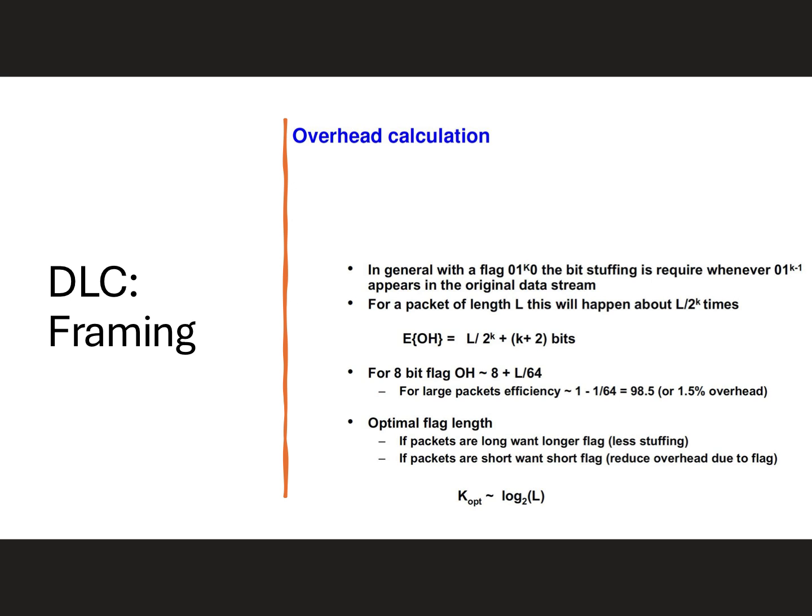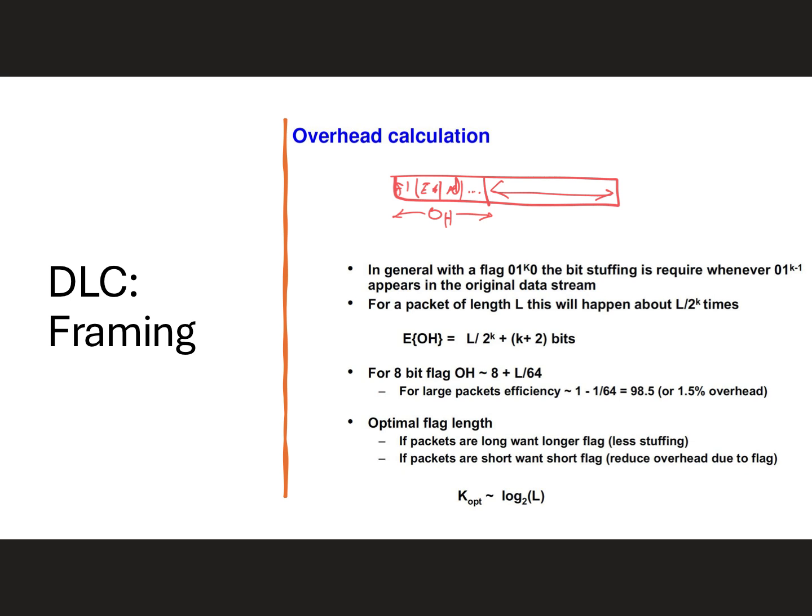So again, as a quick reminder, if this is your packet and your packet contains information in this part, and then the other part, for example, has the flag, it has some error control as well, maybe some address, and maybe some other information here. The length of this is what we call the overhead, right?